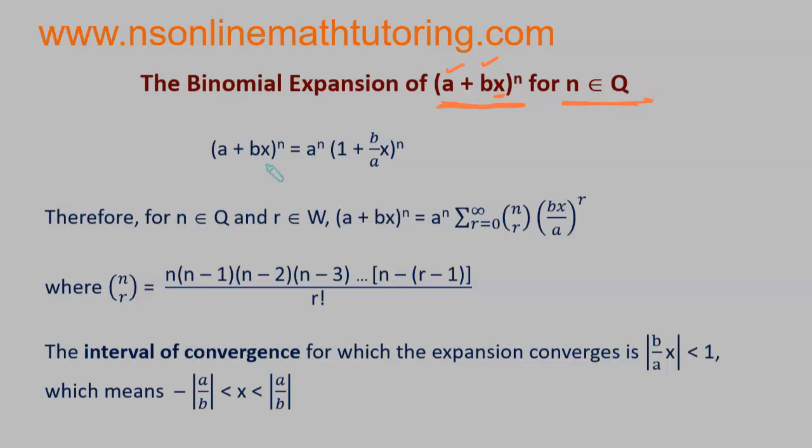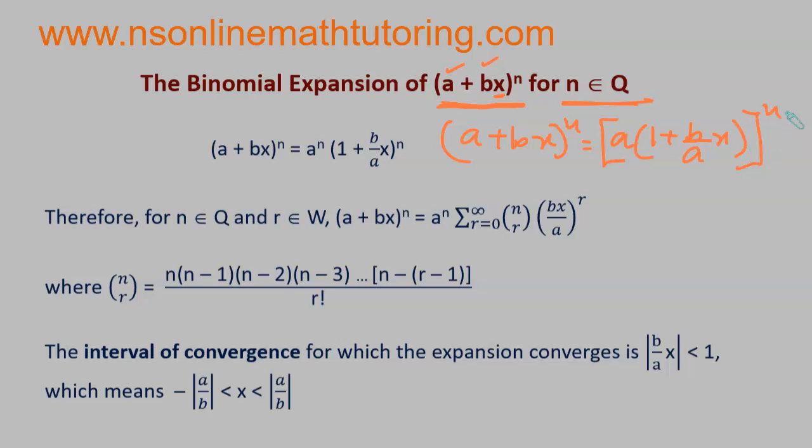Now, (a + bx) whole raised to the power of n can be written in this form. I can take a as the common factor, I can take out a, and it will be (1 + (b/a)x), okay?